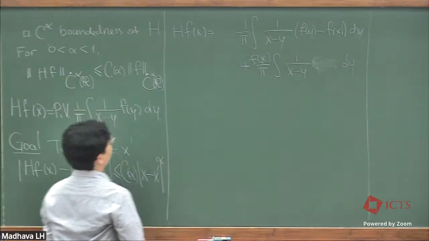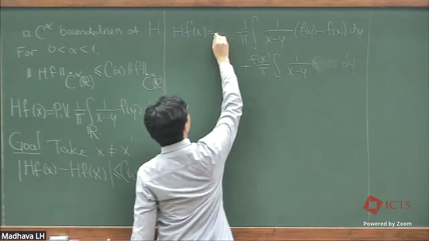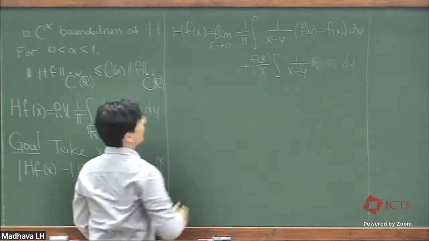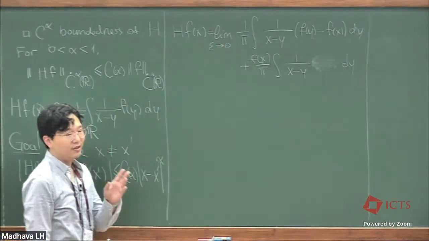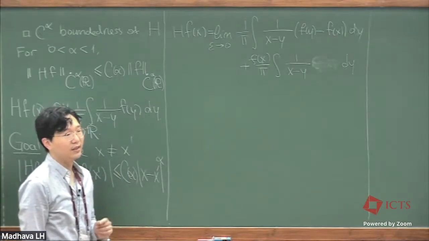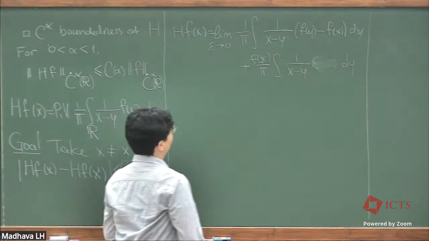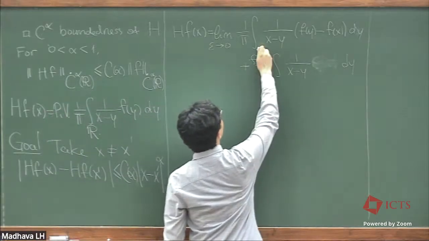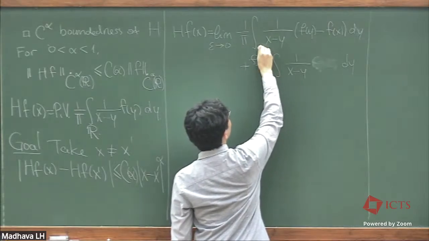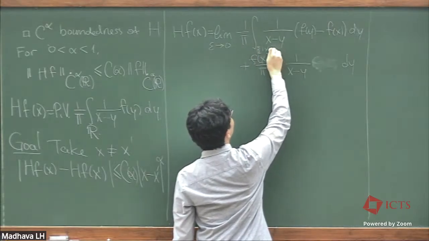So the correct thing is to do principal value integration, not just at the singularity, which is at x, but also at infinity. This is very important, actually. So not only at x, but also at infinity.